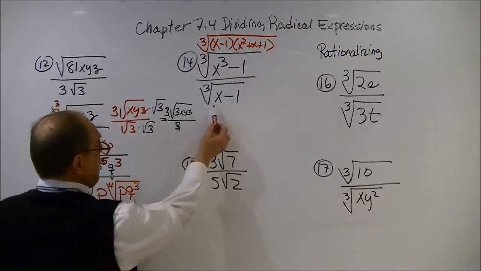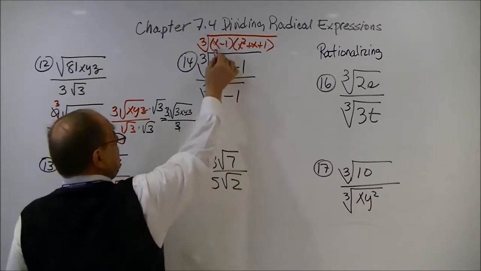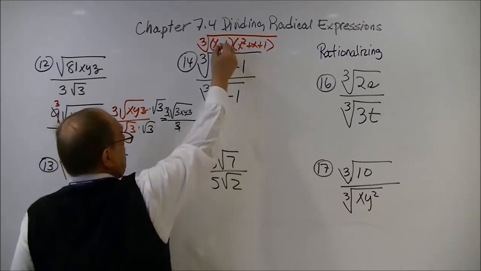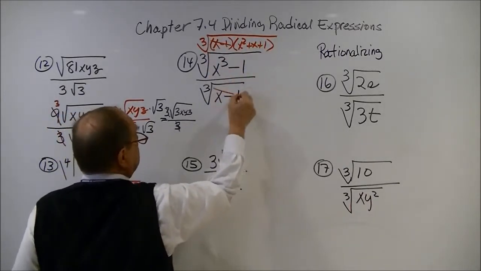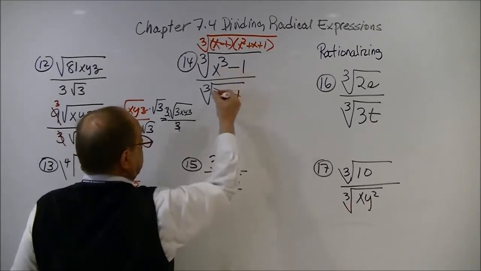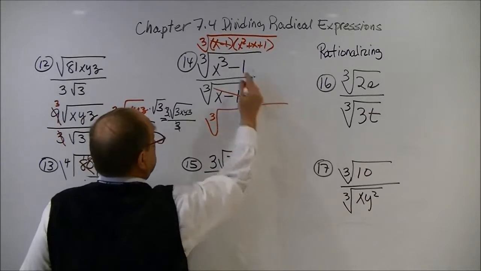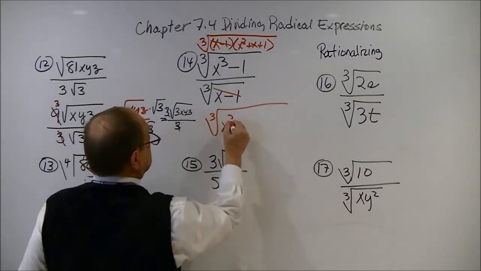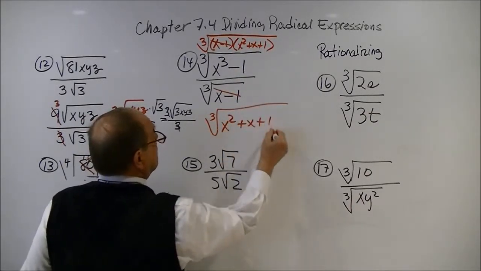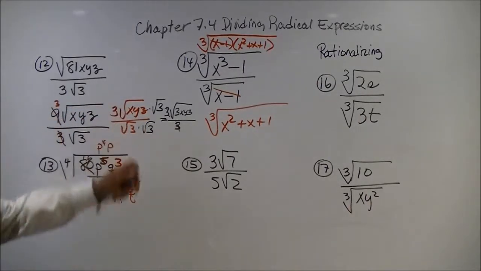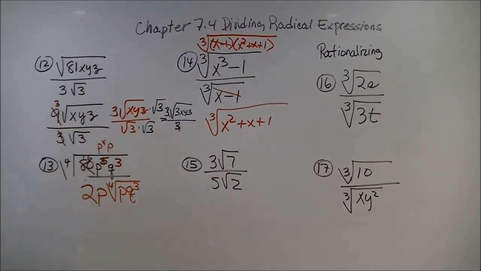But notice now you have an x squared minus 1 and an x squared minus 1 that cancel out. So your final answer for number 14 is just the cube root of this up here, x squared plus x plus 1. So some interesting things going on, but hopefully as you reflect on what you've been doing.